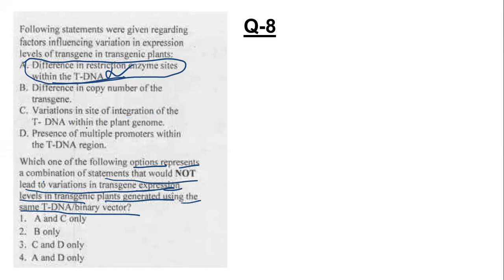Presence of multiple promoters within the T-DNA: here the promoter or multiple promoters are not involved in the expression level. So A and D is the correct answer.